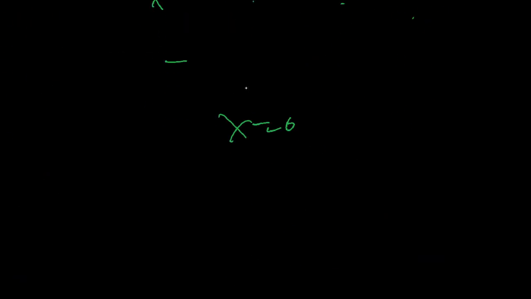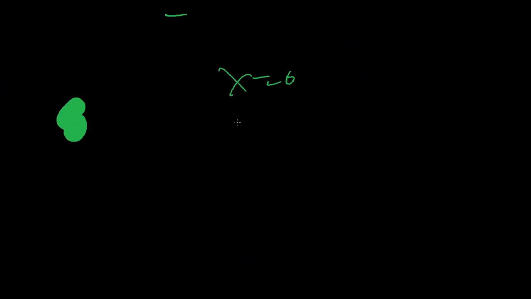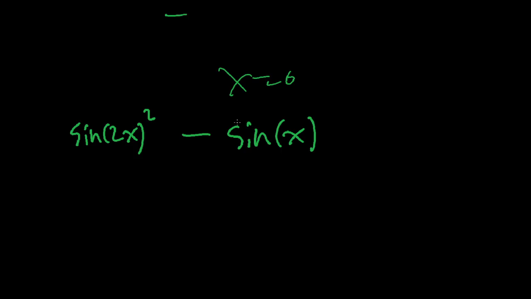For the first leg of the function, sine of 2x is going to be on top, which means that the area function for this segment is going to be sine of 2x squared minus sine of x squared.